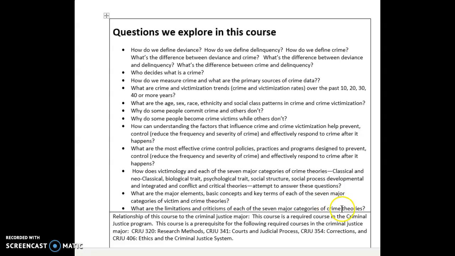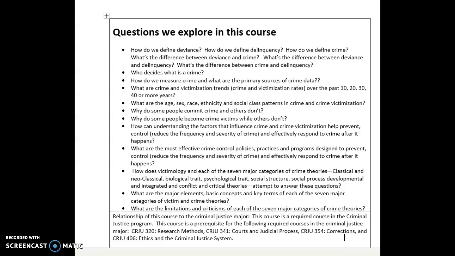There are 7 major theories of crime that involve either sociological reasons, the way society is structured, or the way we identify ourselves within a society. There's also 2 theories that are based upon individual traits, either biological or psychological traits.